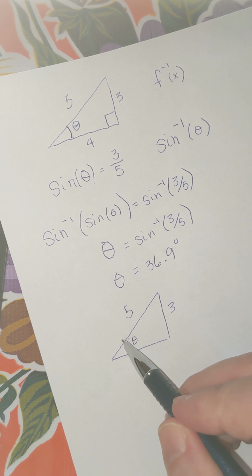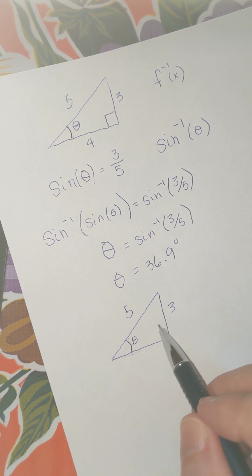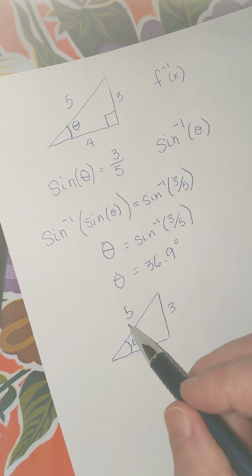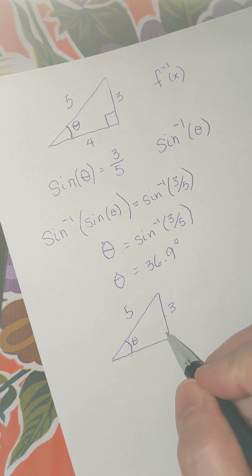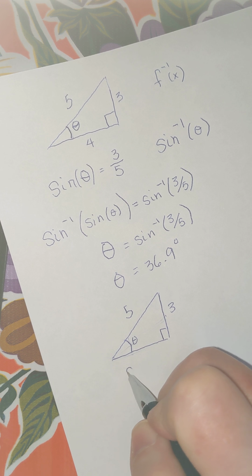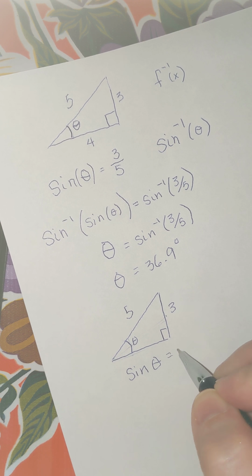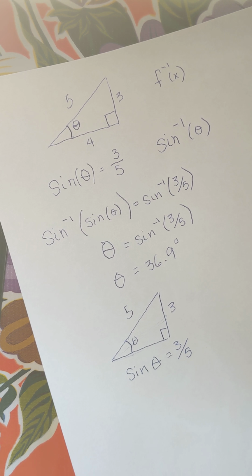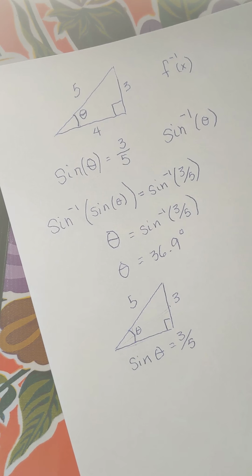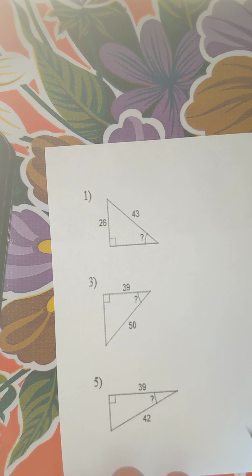You find the angle that's marked, the angle that you're solving for actually, and then you see which one of these sides are marked. So this is my opposite side, has a measurement. This is my hypotenuse, has a measurement. So it tells me, since I have the opposite and the hypotenuse, that it's going to be 3/5. Okay? So let's just do a couple examples. I got a whole sheet of them here, but you'll get a chance to do some.